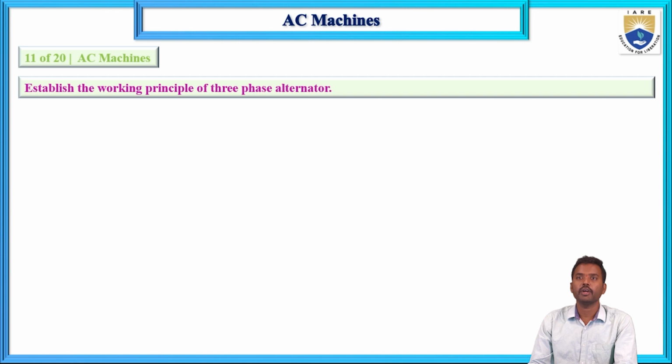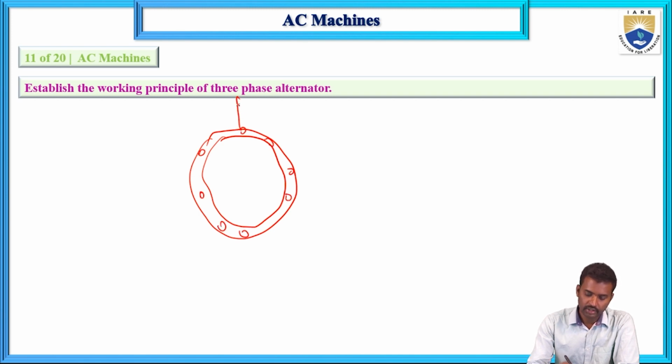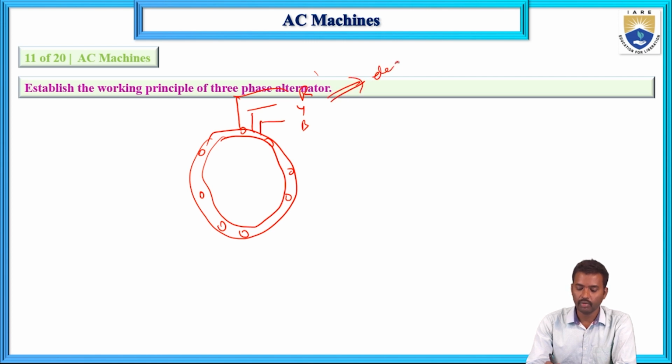The working principle of alternator. How does it work? So this is a stator. The stator carries the stator winding, that is a three-phase winding, RYB. From this you can get the electrical power, that is three-phase electrical power.